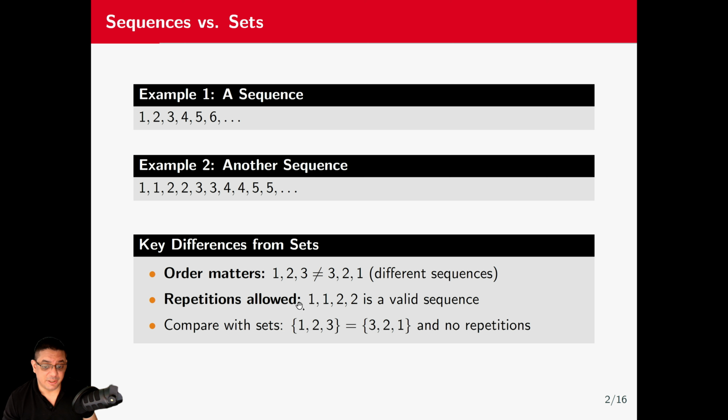Repetitions are allowed here, so 1, 1, 2, 2 is a valid sequence. With sets, repetitions are not allowed because they mean the same thing: the set {1, 2, 3} is equal to the set {3, 2, 1}, and no repetition is allowed. That's the key difference with sets.